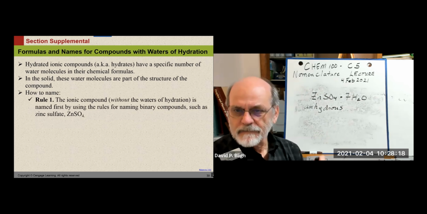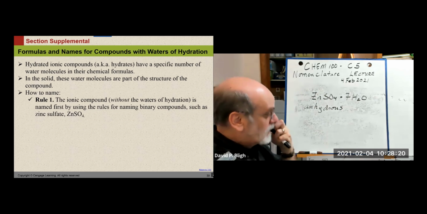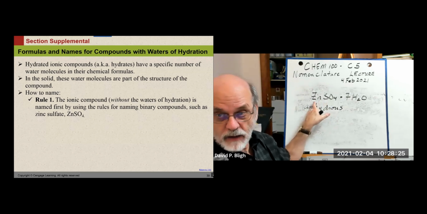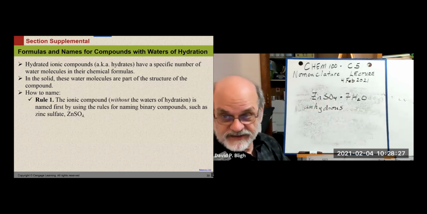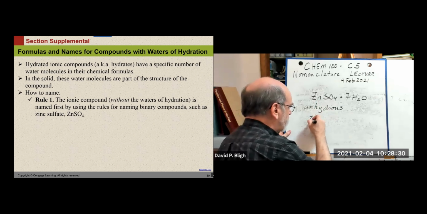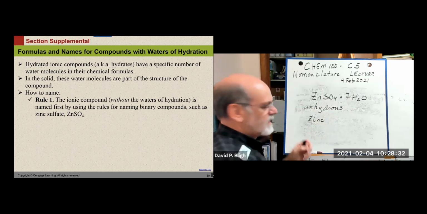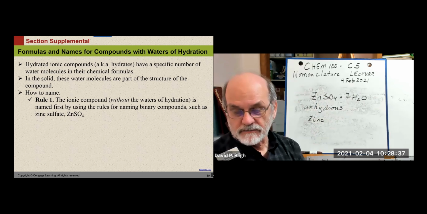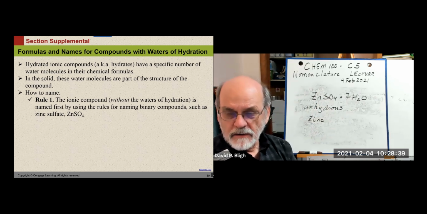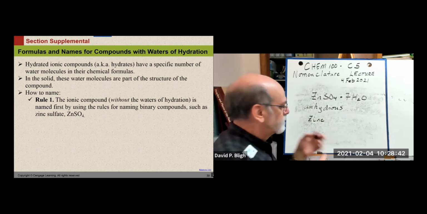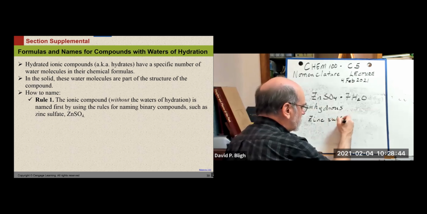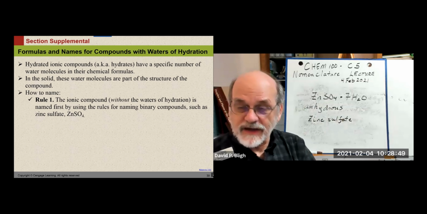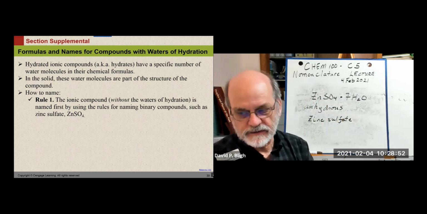Okay? So how do you name it? Well, you name it by convention. How would you name this compound? Zinc. And this is one of those that has a fixed charge, right? So we could say zinc 2, or we could say just zinc. And then sulfate. Then you say how many waters are associated with this.